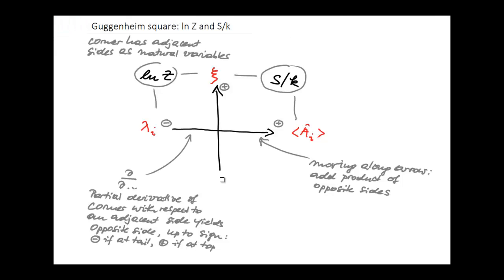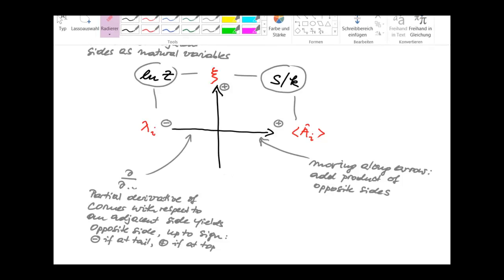This is just the first of many Guggenheim squares that I'm going to show you in the course of this semester. I love these Guggenheim squares because I love compact notation and I love ways of compressing information in a minimal space. This Guggenheim square is sort of incomplete because at the lower end there's not much that I can write.